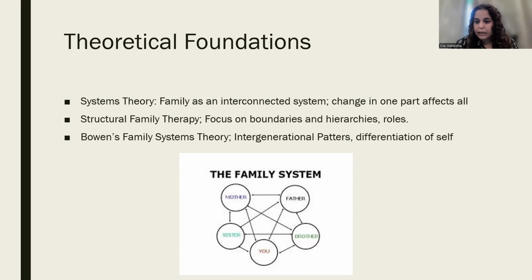Structural family therapy emphasizes the importance of family structure. So the invisible boundaries, the hierarchies, and the roles that shape the interaction. So when these structures become really rigid or when they become really blurred, a dysfunction arises. And therapy helps realign them to restore the balance.